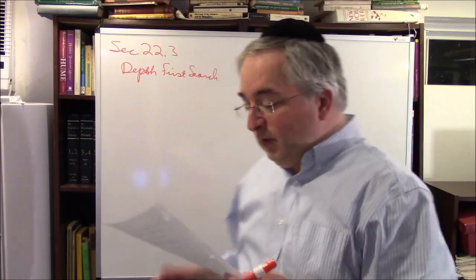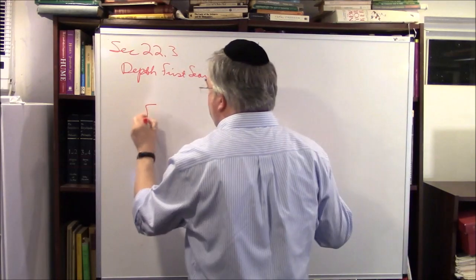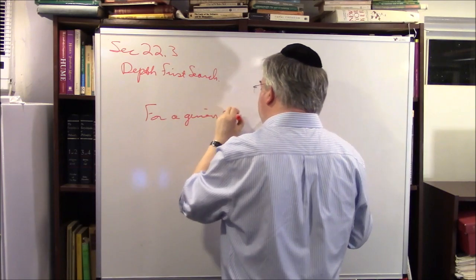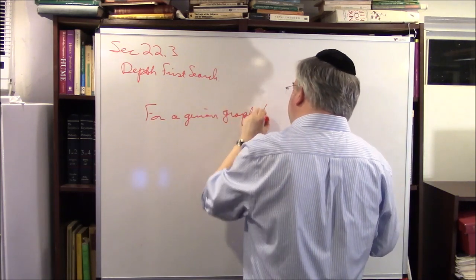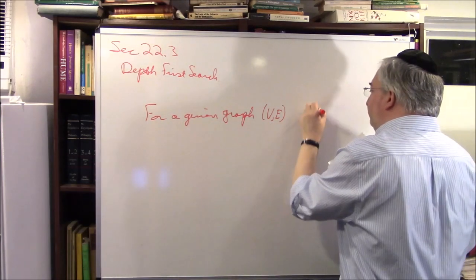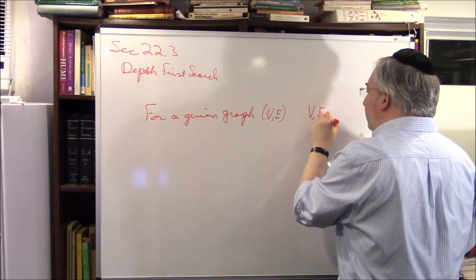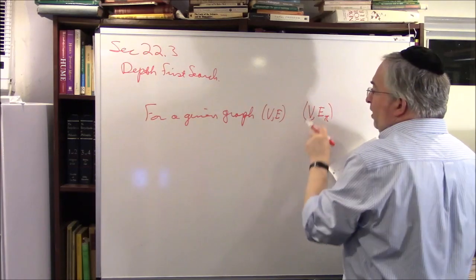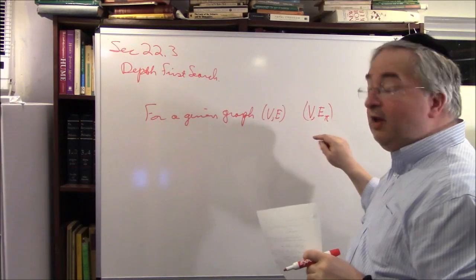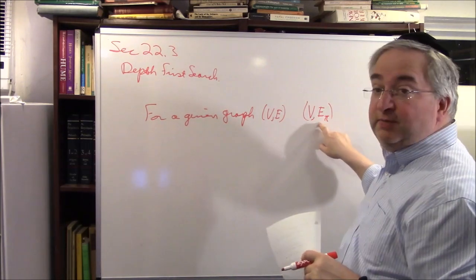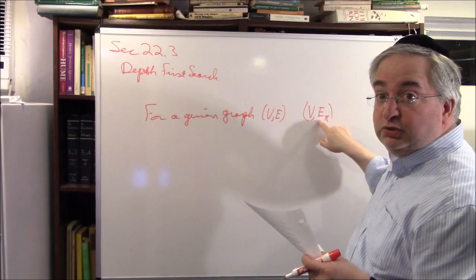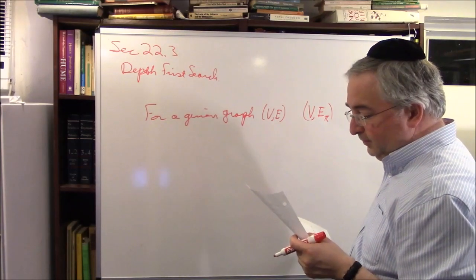For a given graph V comma E, vertices and edges, we build V comma E pi. The same vertices, the graph is going to touch every single vertex, but it's just going to be a subset, and the subset is going to be given by who's your parent.